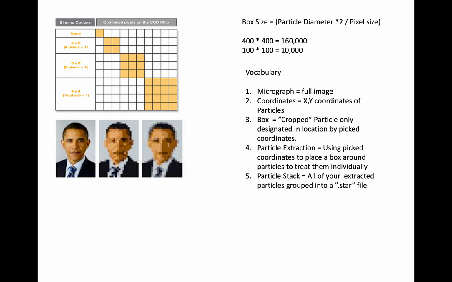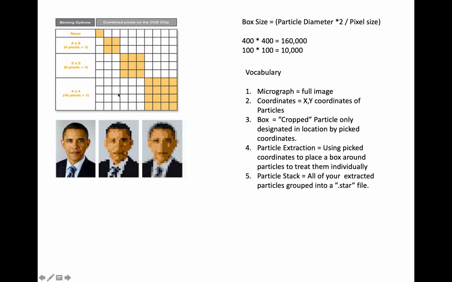But if we can bin that, or reduce the number of pixels in that image by 4-fold, we reduce the amount of data exponentially to 10,000. And it's not without a catch, in that as we pixelate our image more and more, we start to lose resolution, as given by this image of Obama.